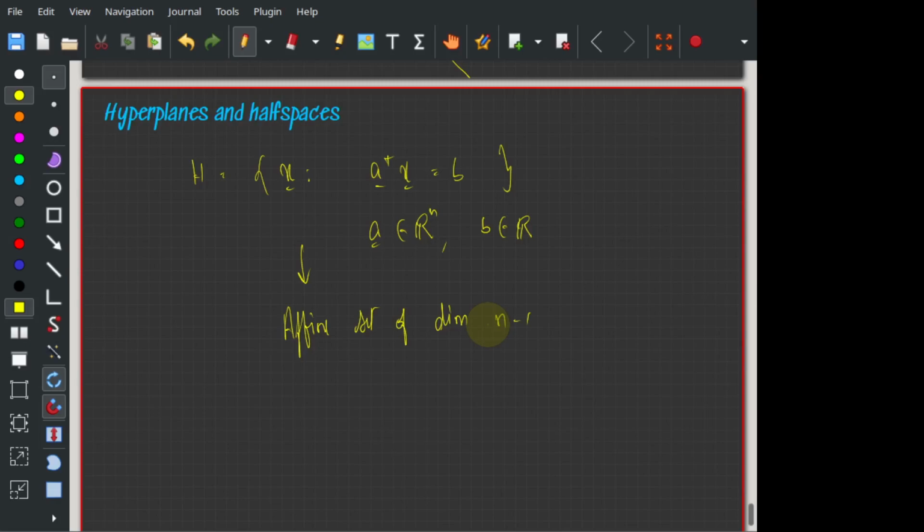For example, in R2, what is a hyperplane? It's essentially a straight line. And what does the hyperplane do? It partitions the space into two regions, one above the hyperplane and the other below the hyperplane. These are what we'll call half spaces.